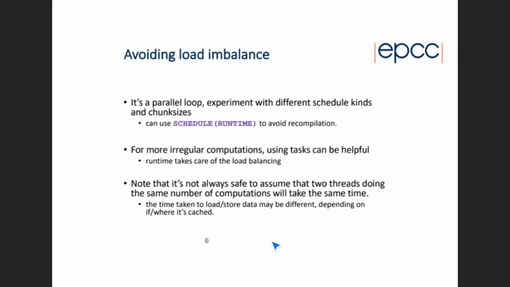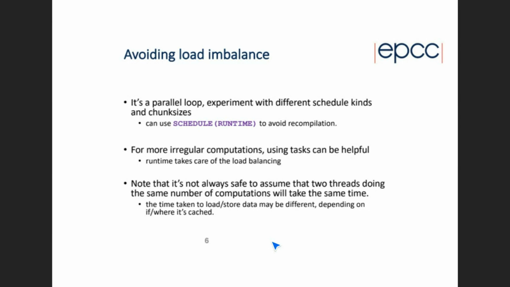I haven't covered OpenMP tasks in this course. That's actually part of the advanced OpenMP course that we run. But for more irregular computations, using tasks can be helpful. This is particularly true if we have irregular parallelism and it's nested parallelism.